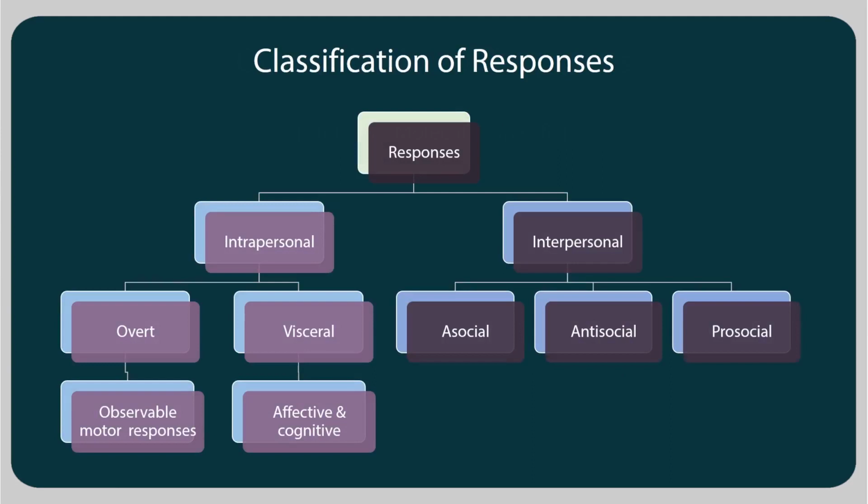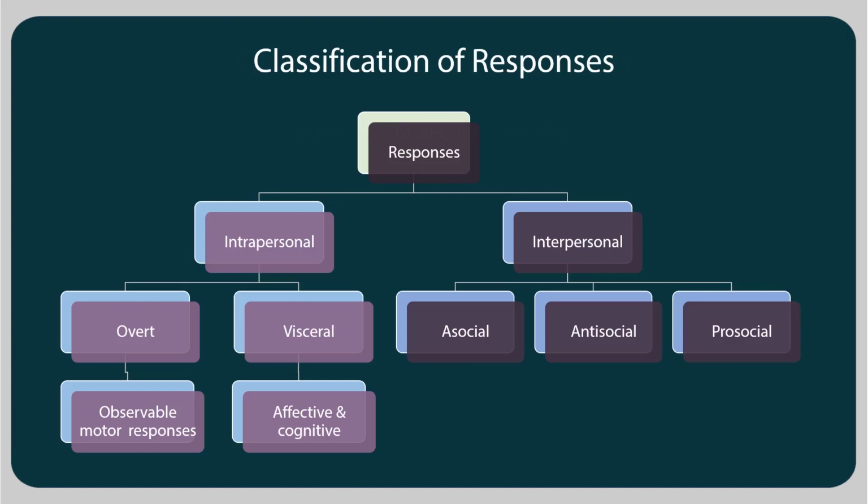Intrapersonal responses in turn are classified into two categories, namely overt versus covert responses. Overt means observable, which manifests itself externally in terms of various motor responses, whereas covert responses are visceral, they are internal, which can be either affective in nature or cognitive in nature.